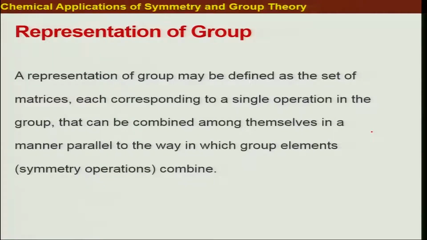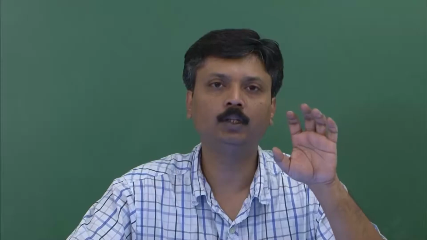So we already stated that the matrices that we found for each symmetry operator truly act like the symmetry operators. So they retain all the properties of any symmetry operation. For example, when you operate on any particular function, it acts exactly like the symmetry operator.